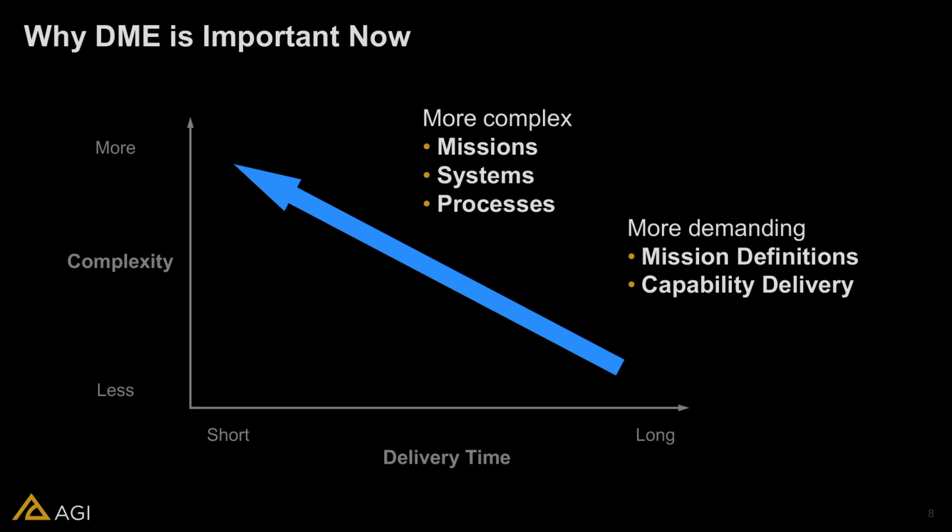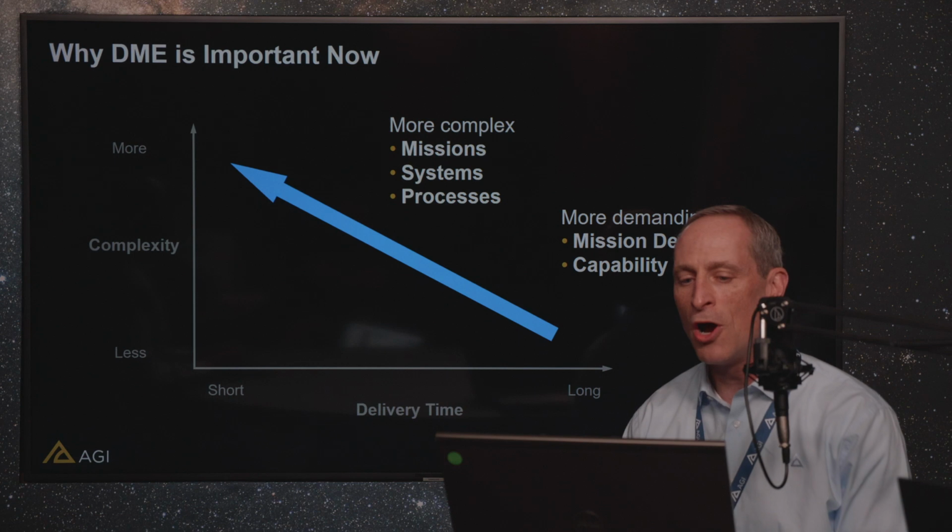And the situation is the following. The missions that we are currently undertaking, the systems that we're utilizing to execute our missions, and the processes that we use to engineer and deliver the systems and capabilities for those missions are becoming much, much more complicated. So the effort and the time required has gone up to deliver those same capabilities.